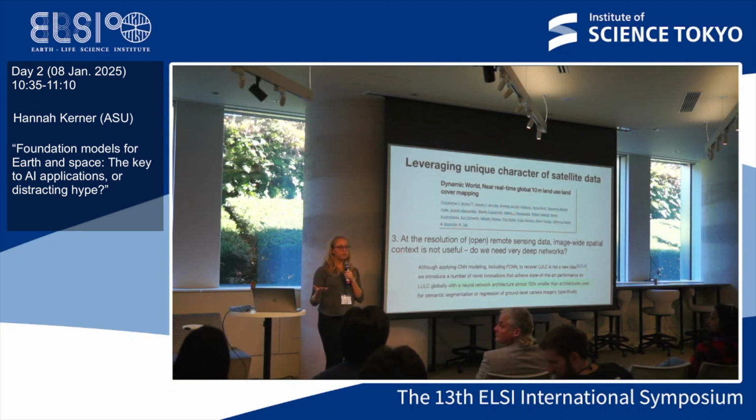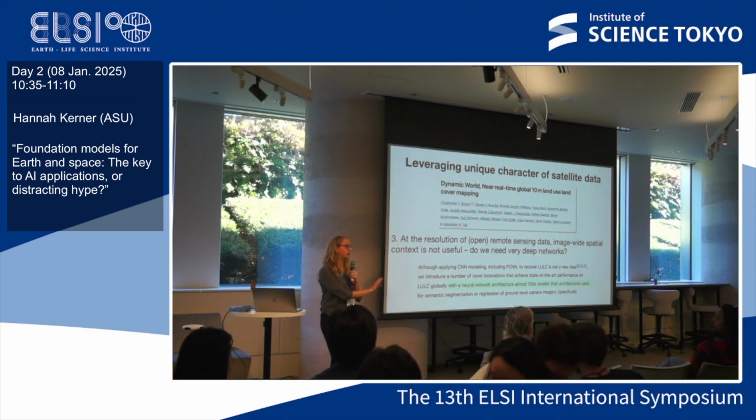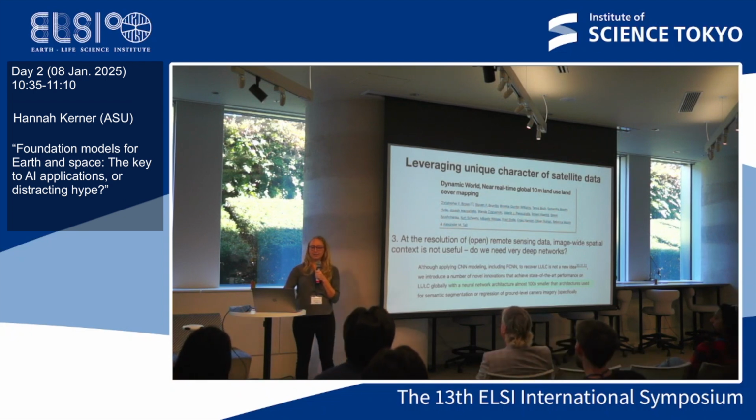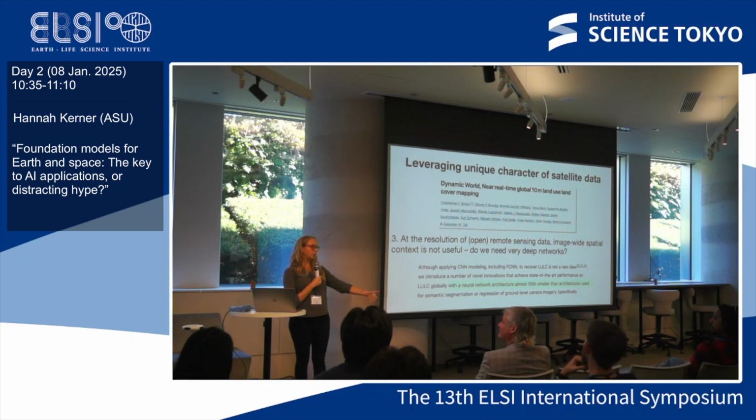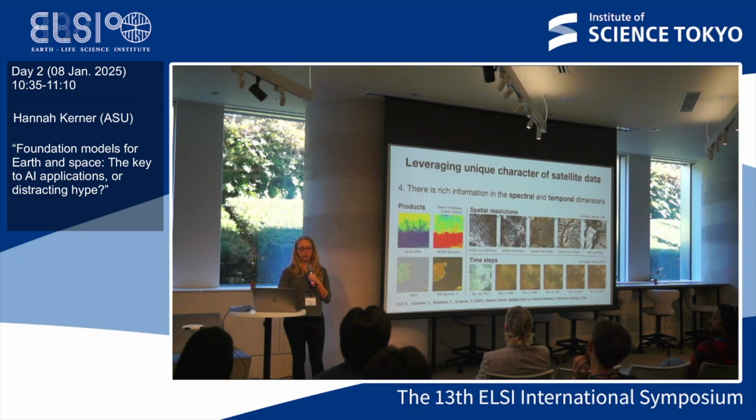You want to have this global context over the whole image. But for remote sensing data, it's not always helpful to have that. You don't need to know, oh, there's a forest here, so that probably means there's a lake over here. It's not a thing. So that means that we actually don't usually need very deep networks, where in the word deep neural networks, that depth often gives us a wider visual receptive field, but we really don't need that for remote sensing data.